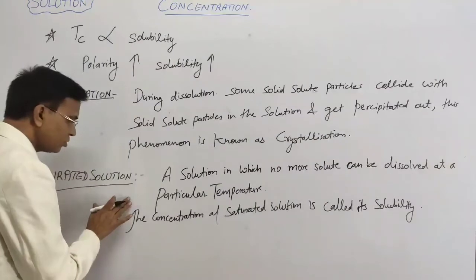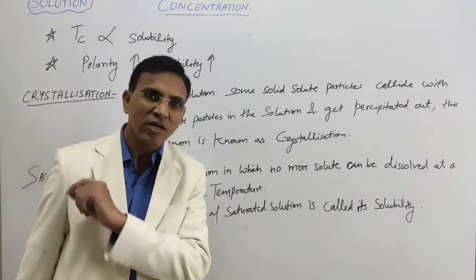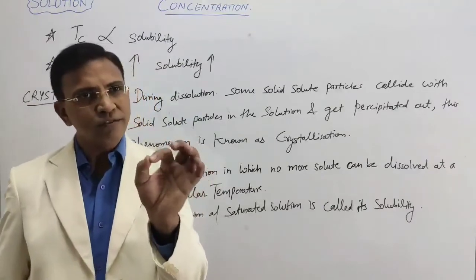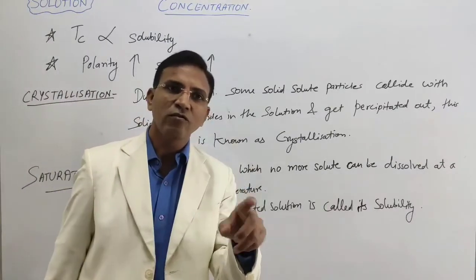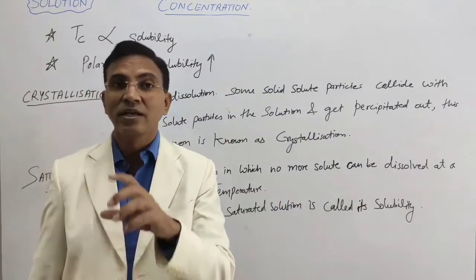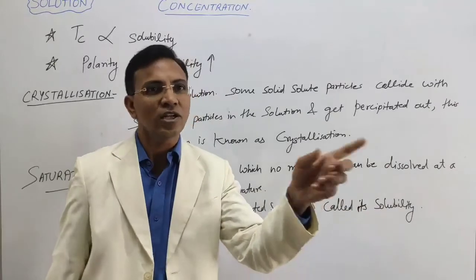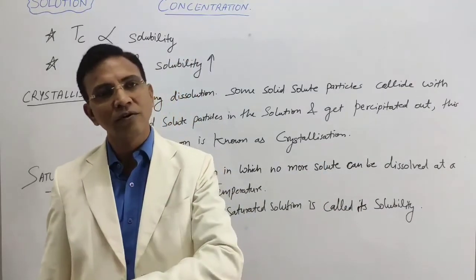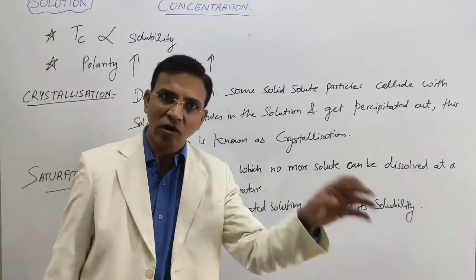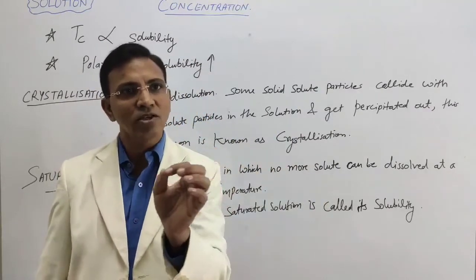Actually, this saturated solution is the condition of dynamic equilibrium. At the point of saturation, the rate of forward reaction is equal to the rate of backward reaction. That means the rate of dissolution is equal to the rate of crystallization. The number of crystals dissolved is equal to the number of crystals formed of the solute in the solution.